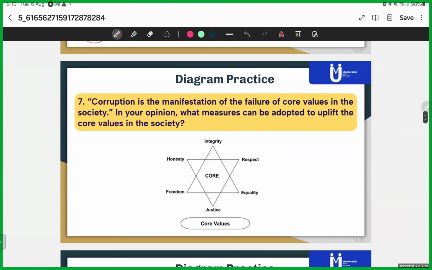Okay. Now, corruption is a manifestation of the failure of core values in the society. In your opinion, what measures can be adopted to uplift the core values? Now, the question is about measures. Now core values, you could also write like this: 1, 2, 3, 4, 5, 6, 7. Now this is a star, right?